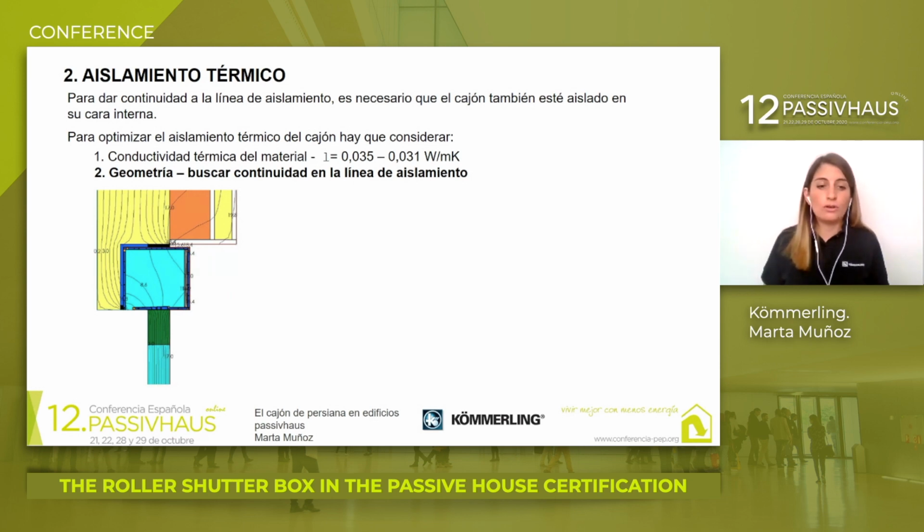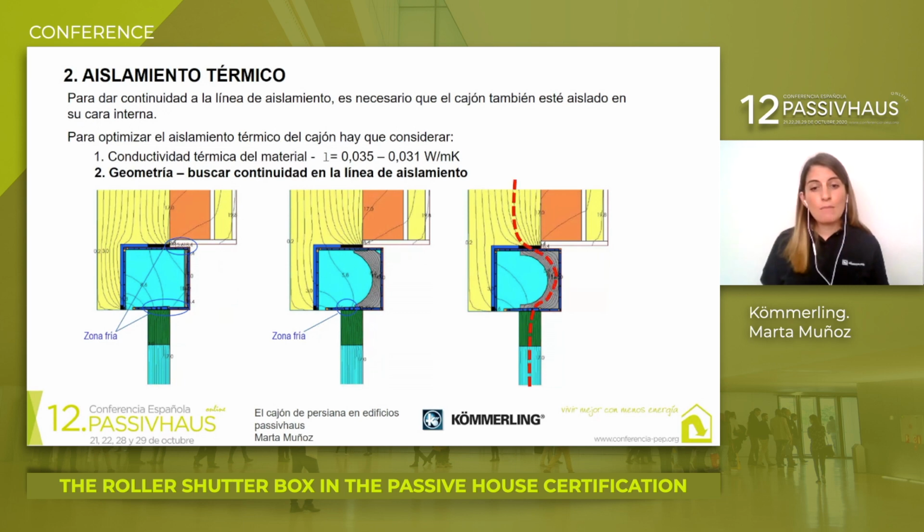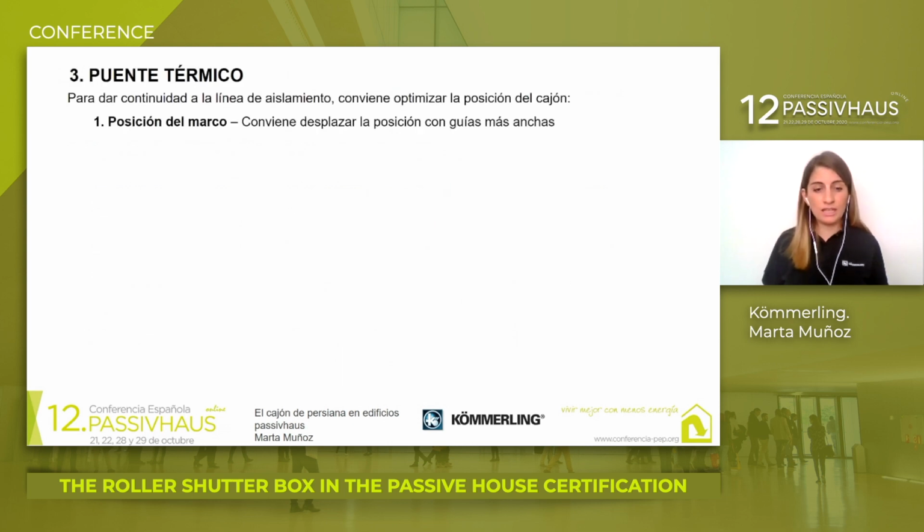On the marketplace, you will find many different shutter boxes with 1 centimeter plates like we see here, so there are going to be cold sides to it. If we develop the geometry a little bit more, depending on where the window is, we're going to be able to avoid some cold areas. But if we work on it even further, we're going to be able to have continuity in the insulation.